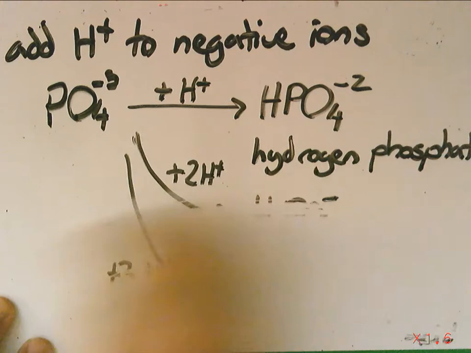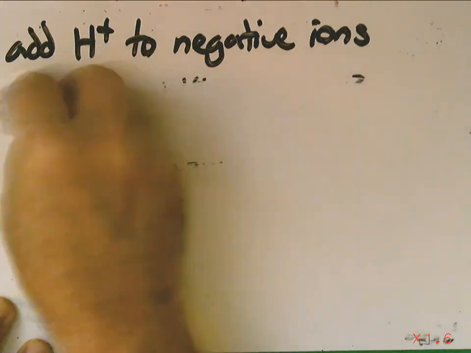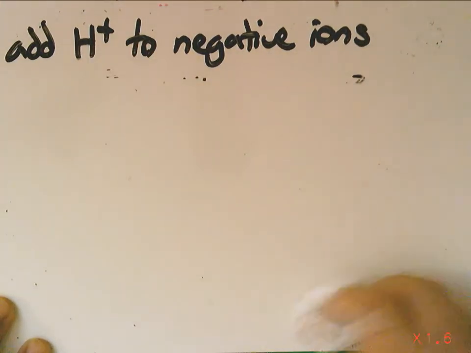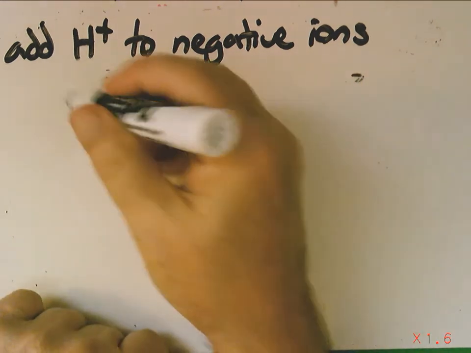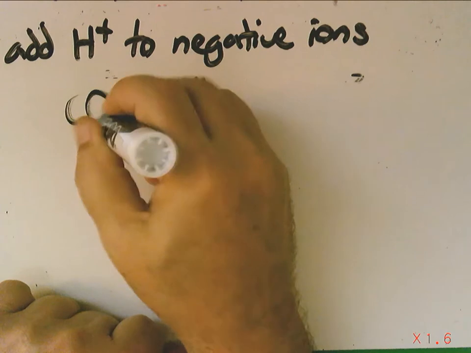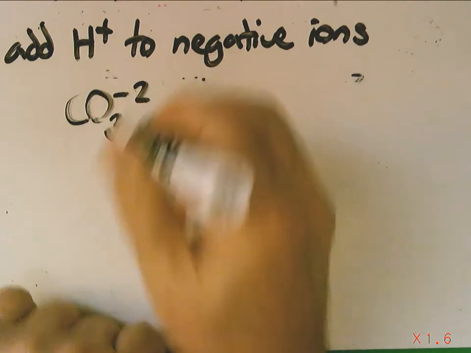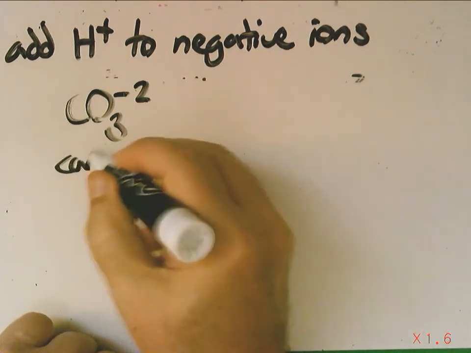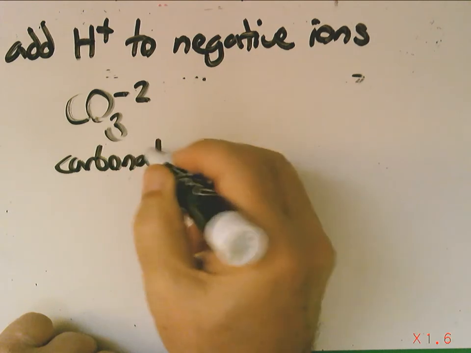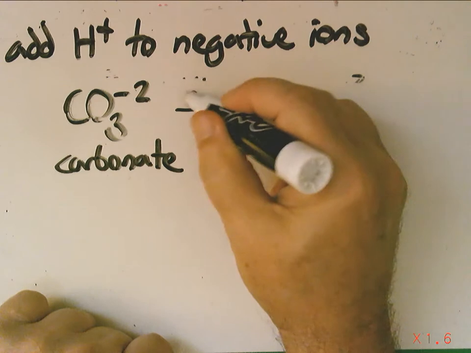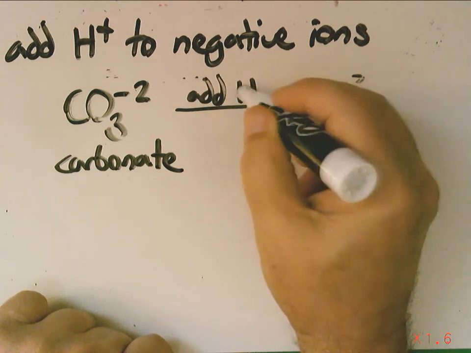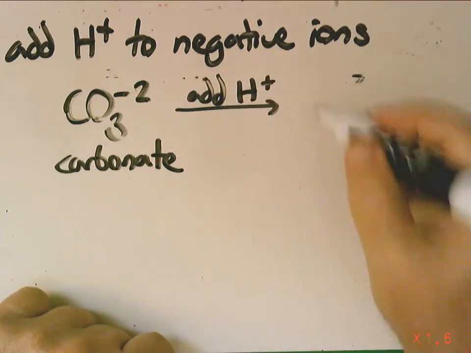Let's try this again with another ion. If I have a carbonate ion, and I add an H plus to it, I'm going to get this ion.